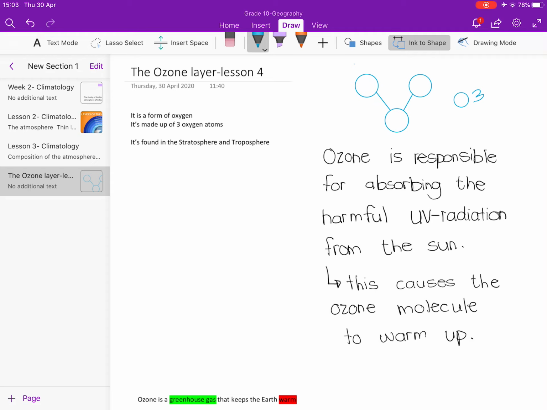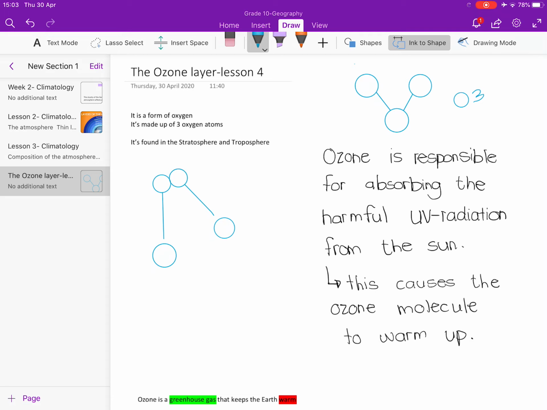So what happens, guys, is our normal oxygen molecule is made up of 2 oxygen atoms together like that. Now, these oxygen molecules absorb the energy from the sun, which causes them to split. So they split into 2 separate oxygen atoms. Then what happens?